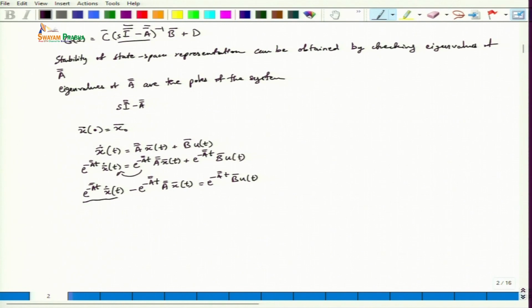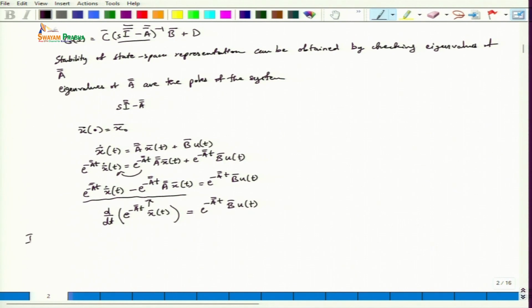So, if you see this particular expression, we can denote it as the derivative of this entire function. So, if we take the derivative of e to the power minus At into x(t), we will get this particular function, and this we equate to e to the power minus At B u. So, now we have this equation.